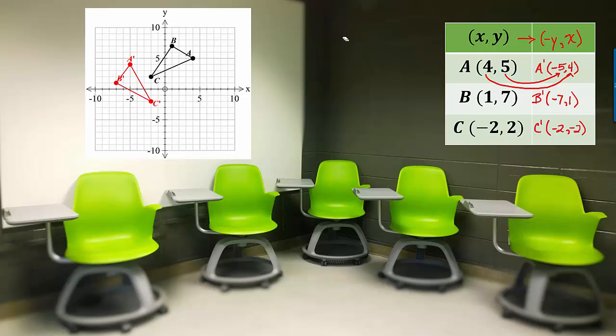So the rule for a 90-degree counterclockwise rotation, I'm going to abbreviate: xy becomes -y x.